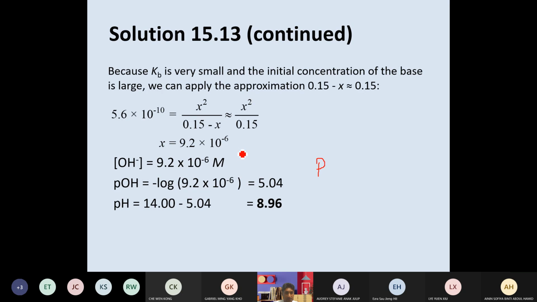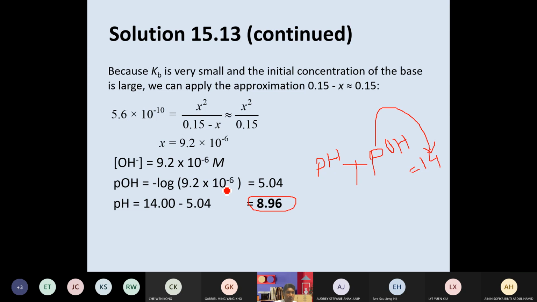We have seen this before. So if we know pOH, we just deduct from 14 and find the pH of the solution. We find the pH of the solution is 8.96 from here.